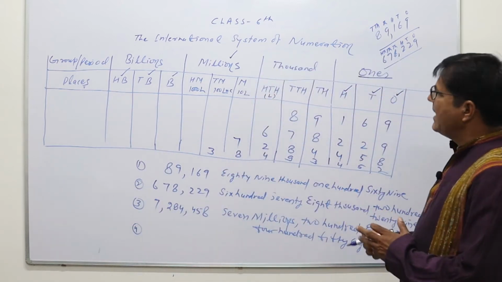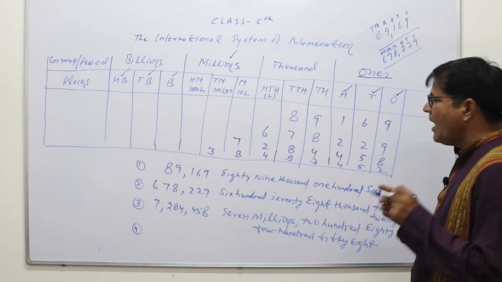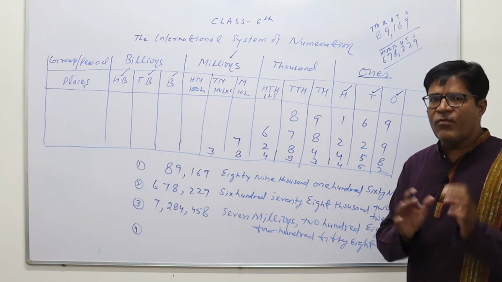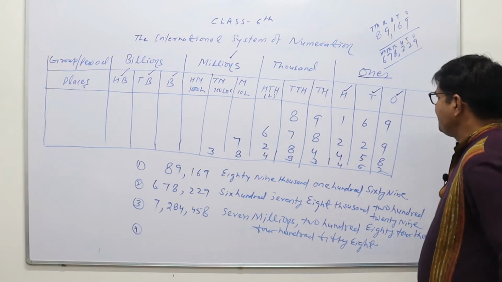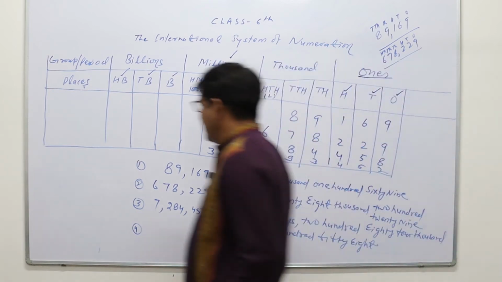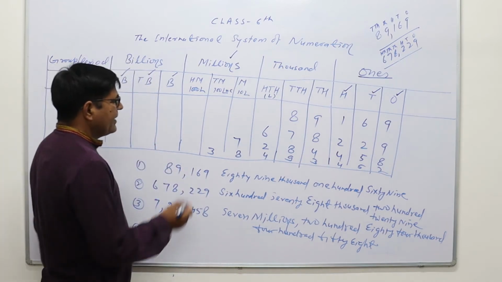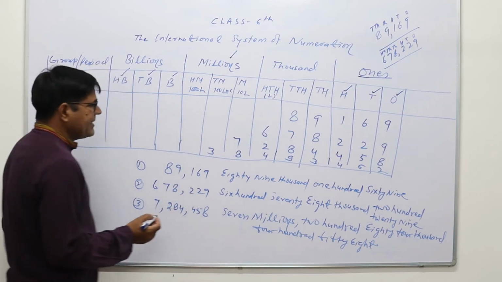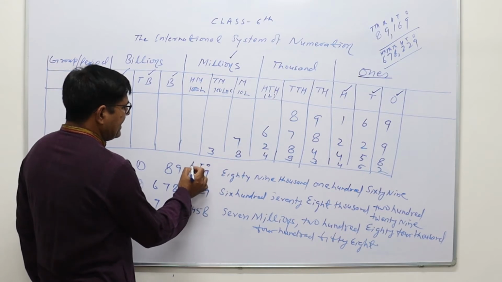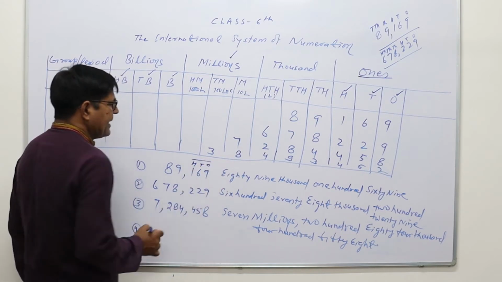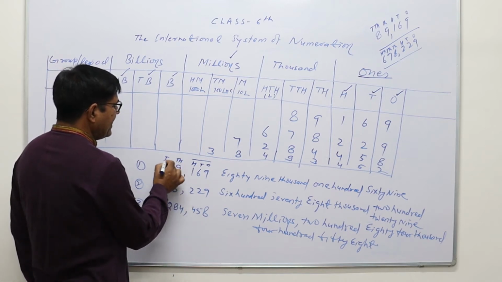Now in the international system of numeration, if any number is given, how will we read out the number and write it in words form? Let us suppose one number is 89169. From the right hand side, this number is first read as the ones group: ones, tens and hundreds. Then next is 1000, then 10,000.